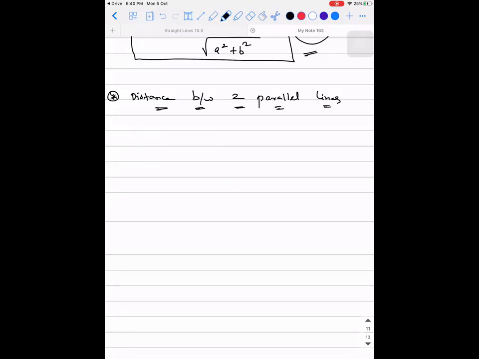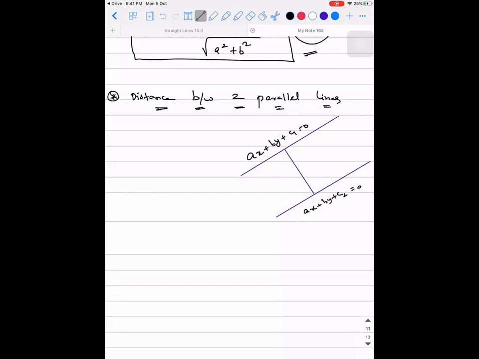So what you will have here is two parallel lines, and we will be finding the distance between them. So ax plus by plus c1 is equal to 0, and ax plus by plus c2 is equal to 0. I'm directly giving you the formula. No need of derivation at all.